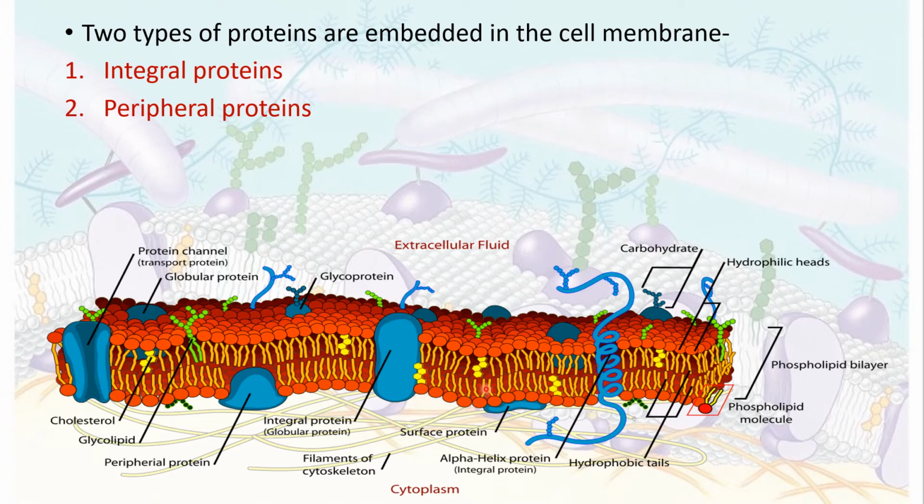And those proteins which you can see over here, which do not completely span the entire membrane but are loosely attached on the surface of this bilayer membrane, are known as peripheral proteins.